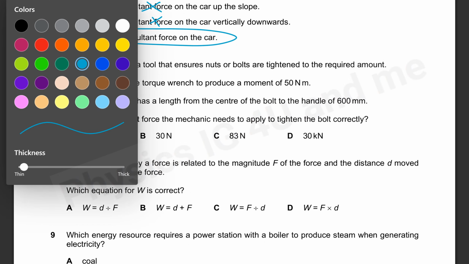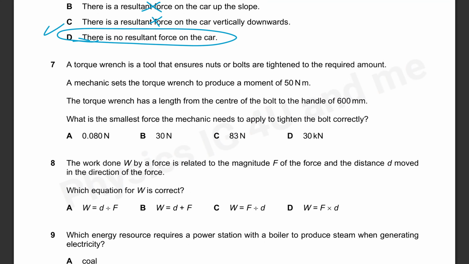Now, question 7, it says, a torque wrench is a tool that ensures nuts or bolts are tightened to the required amount. A mechanic sets the torque wrench to produce a moment of 15 Newton meter.